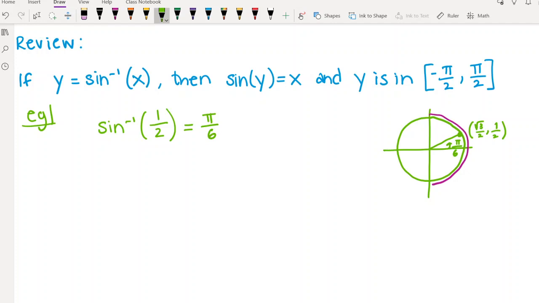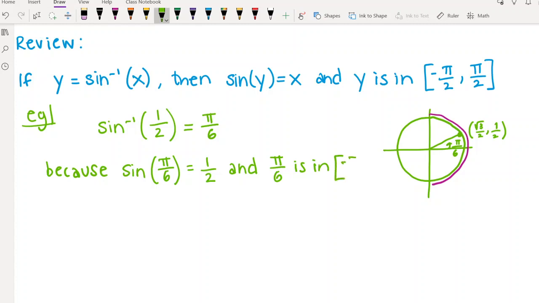And the reason for that is because sine of pi over 6 is equal to 1/2. And additionally, because pi over 6 is in the right part of the unit circle, it's in the right interval of angles.